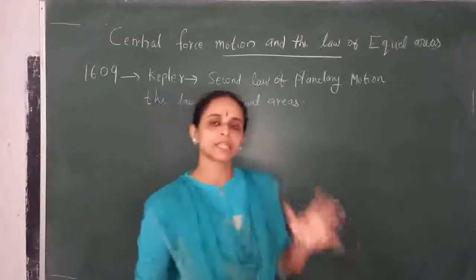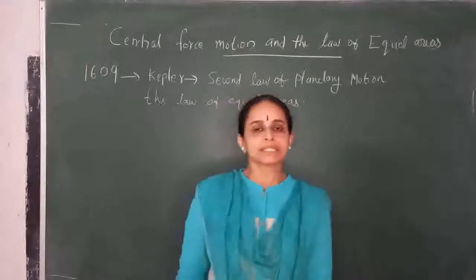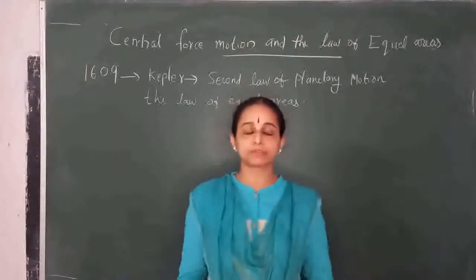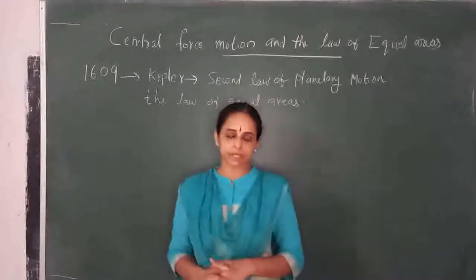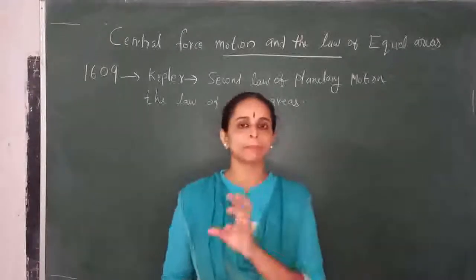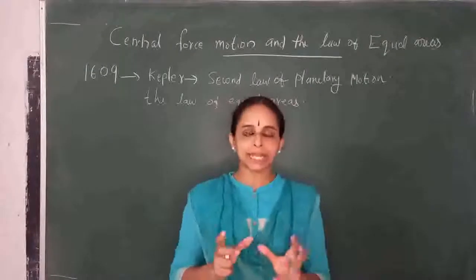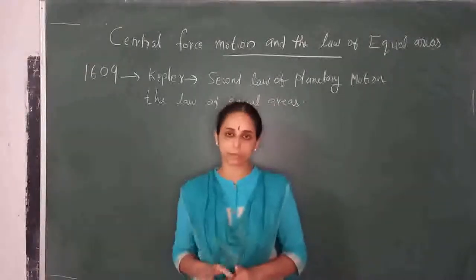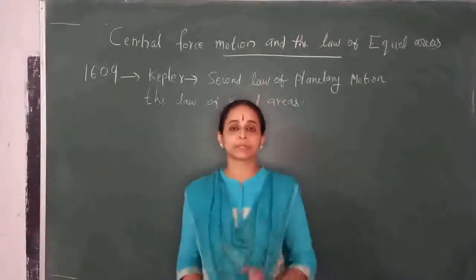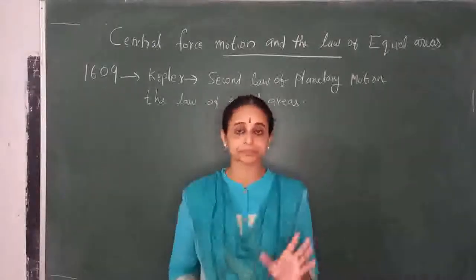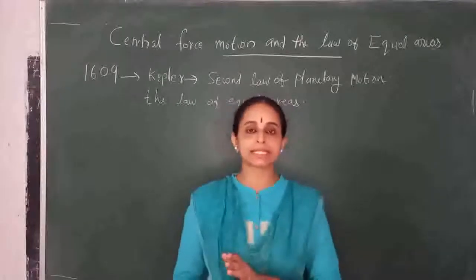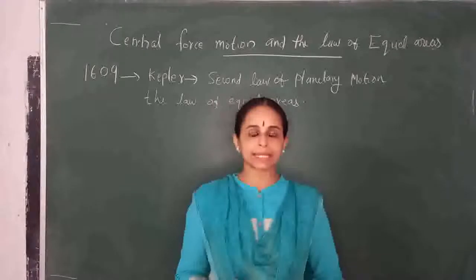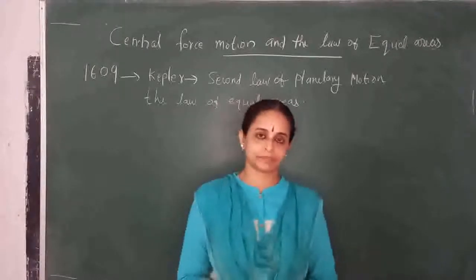So what is the law of equal areas? The area swept by a radius vector from the sun to a planet in a given time is the same for any location of the planet in its orbit.